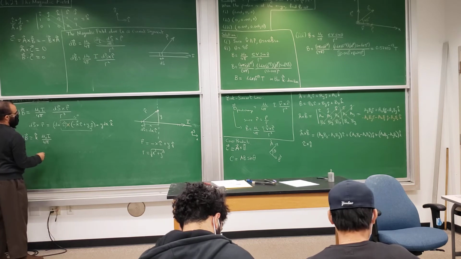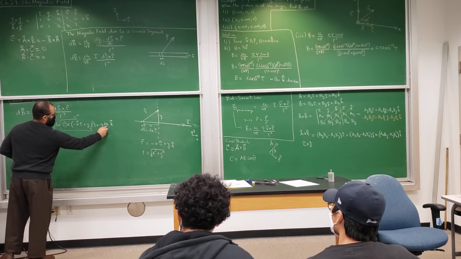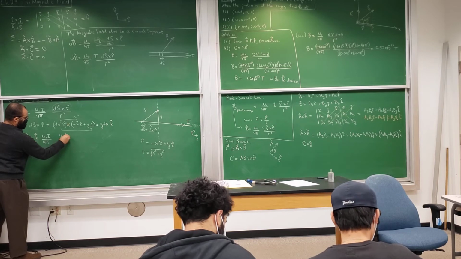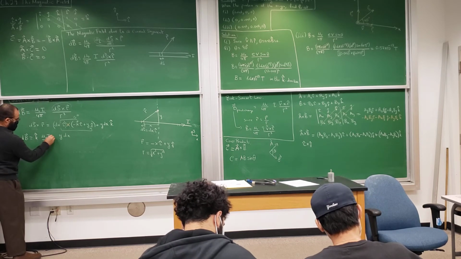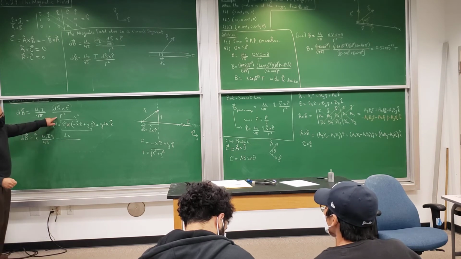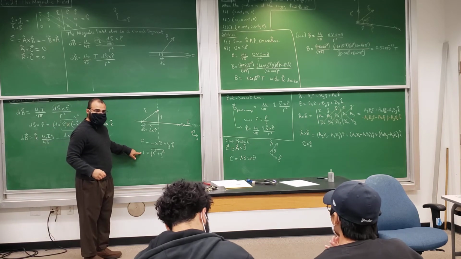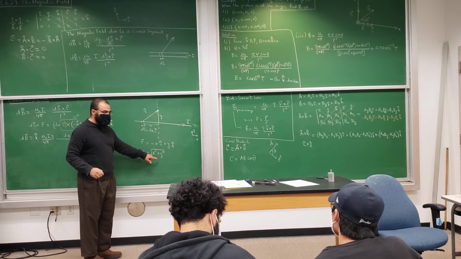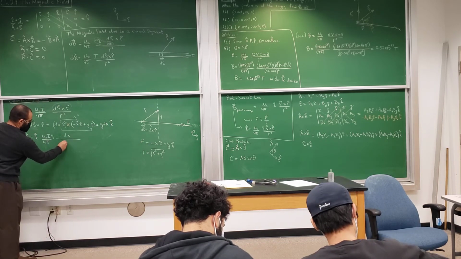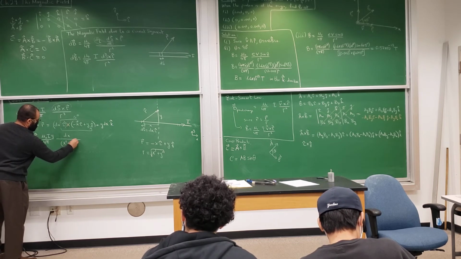This cross product just gave me y dx and the k hat, so y dx, and I'm going to write the y right here. And then r cubed. What is r cubed? Well, this is r, so when you cube it, you get x squared plus y squared to the power 3 halves.